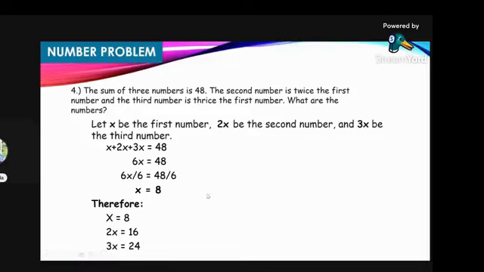So your answer should be 8. 8 times 2, 16. 8 times 3 is 24. We're going to add it to be equal to 48. Pag hindi naging 48, meaning mali po yung ating sagot. So 8 plus 16 is 24. 24 plus 24 is 48. So the correct answers are 8, 16, and 24.